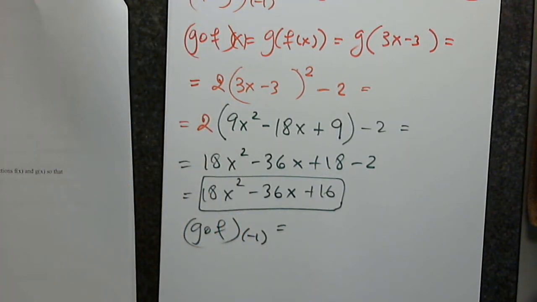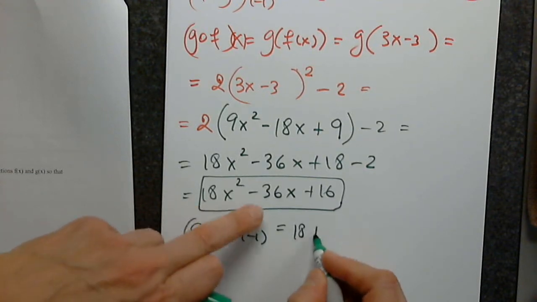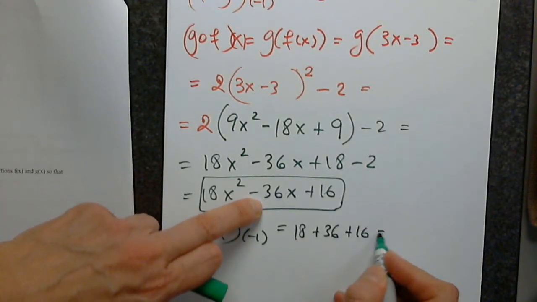So that's it. Tell me what you get. So what do we get? We get 18, we get positive 36, and plus 16.